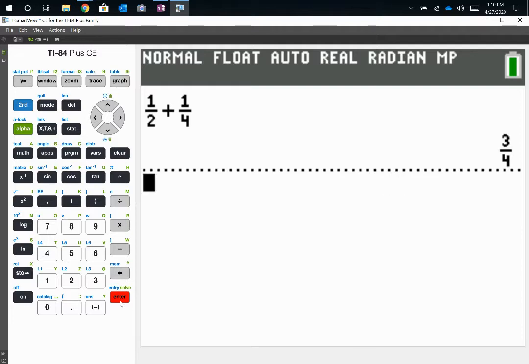Alternatively, say we wanted to add negative half plus 1/4. You can simply type open parenthesis negative 1 divided by 2 close parenthesis. Make sure you separate the fractions by parenthesis, plus 1 divided by 4.